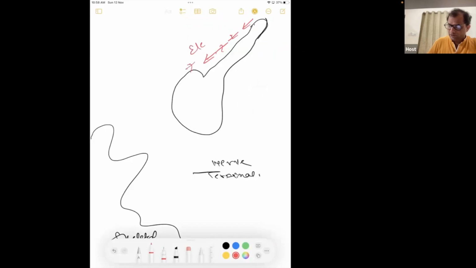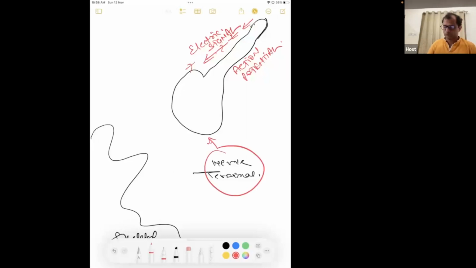This is the electric current or action potential. Electric signal or action potential is coming. As soon as it's reaching the nerve ending, the nerve terminal, this is the part we can see.